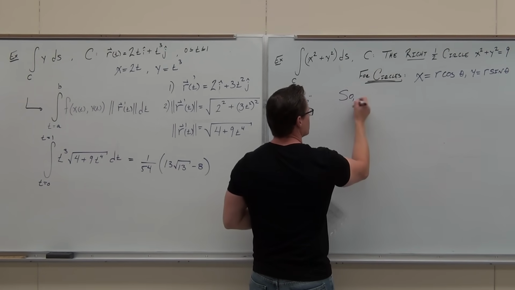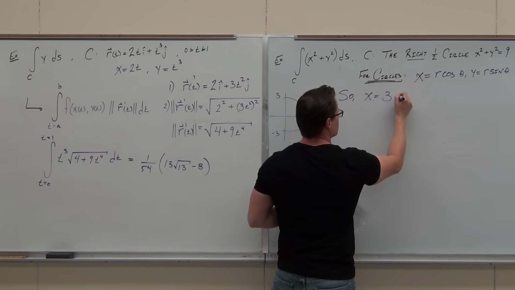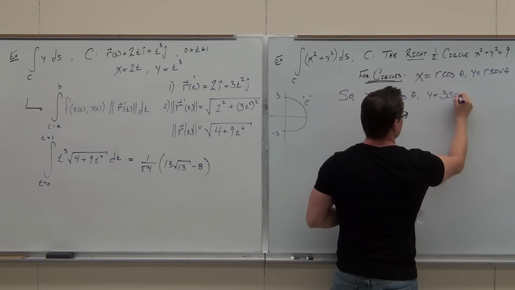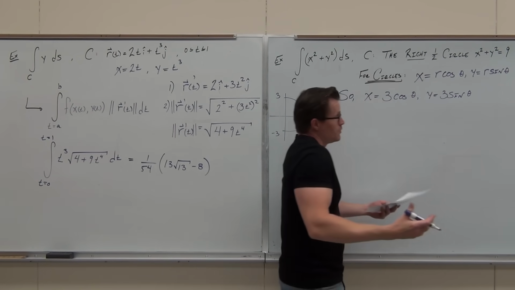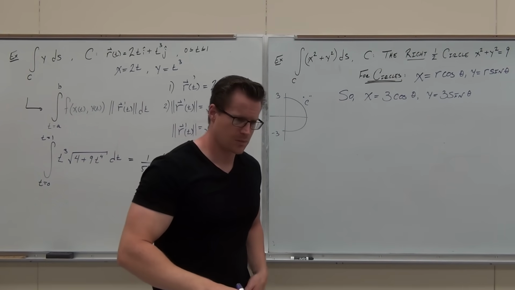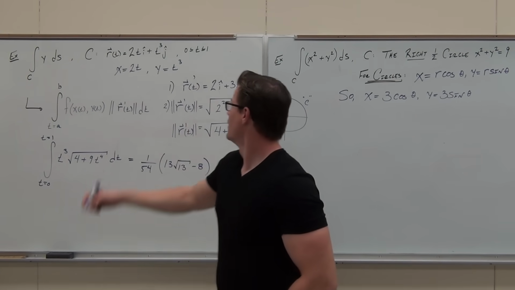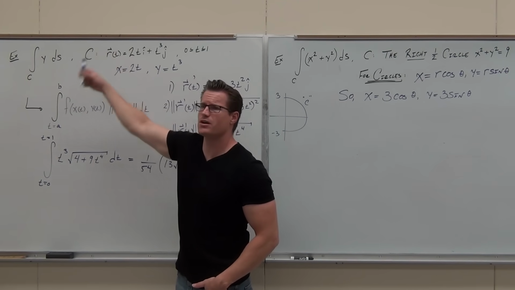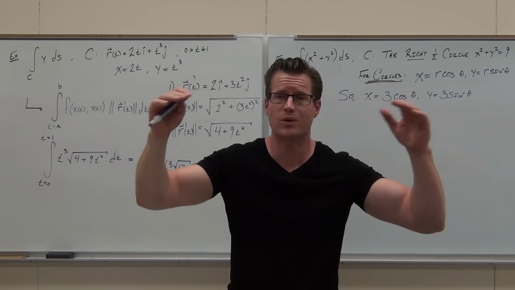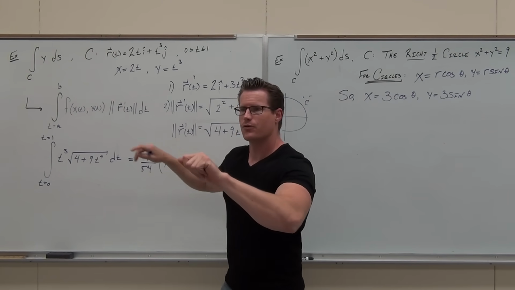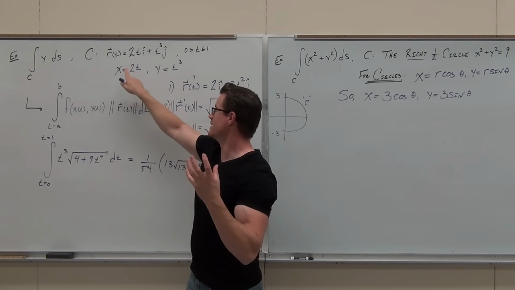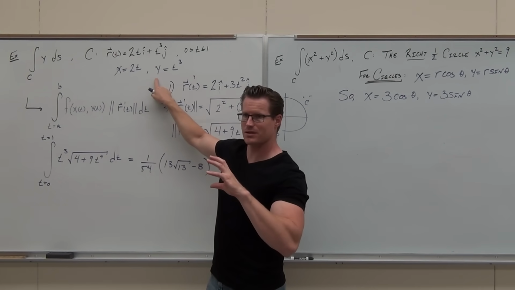We can do that. That's fine. You ask, how's that fine? We had a vector function, and we don't have that now. Stop, look, so I don't lose you right here. From the vector function, we were able to glean x and y, correct?